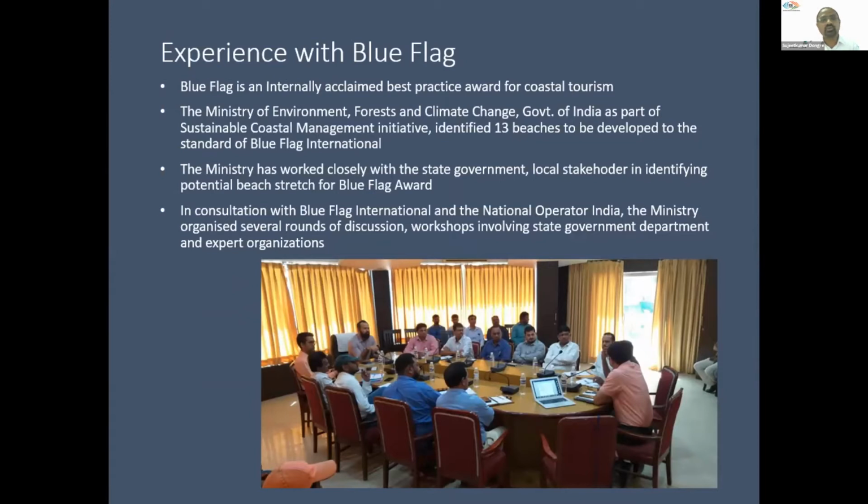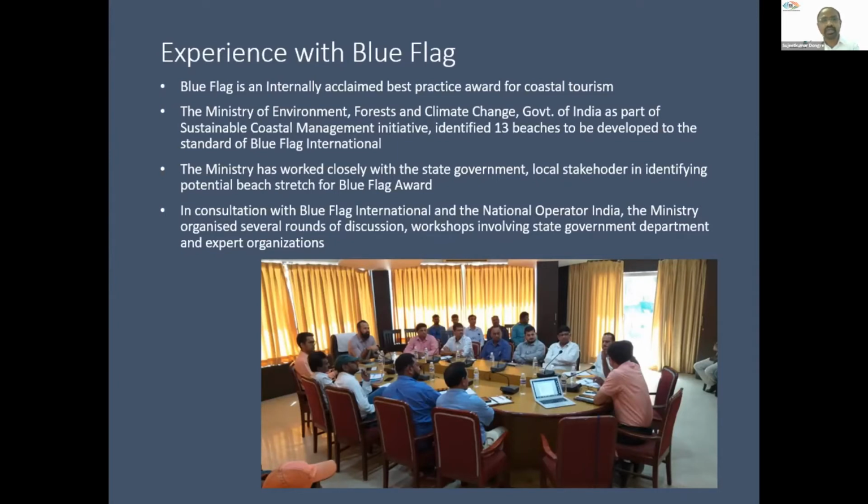What attracted India to have a Blue Flag award? Of course, at the Ministry of Environment and Forest, Government of India level, we are talking about how we manage our coastal resources.